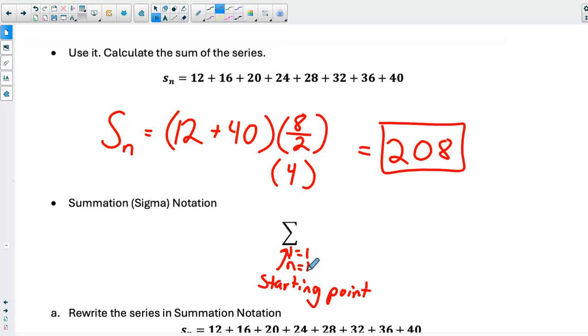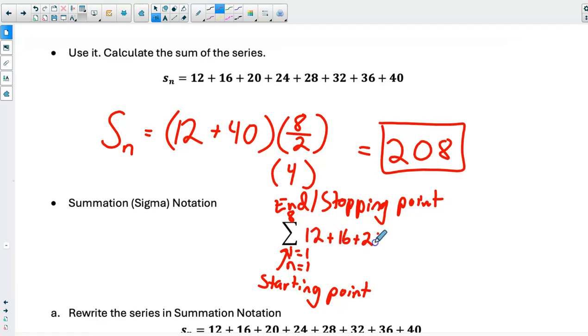When we get to the top here, this is our end point, or the stopping. And so I would just have a number like 8 or 12 or 13, okay? And then lastly, instead of writing the series out, because you could write this out, I could do 12 plus 16 plus 20 all the way till 40.